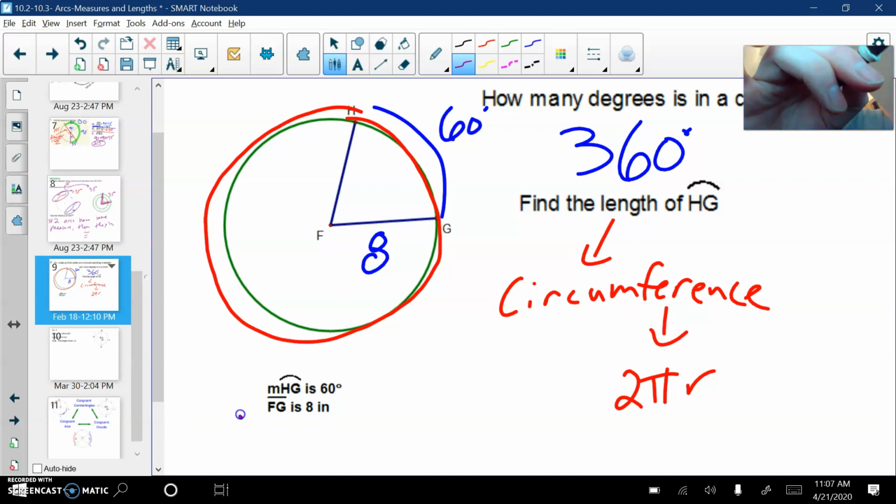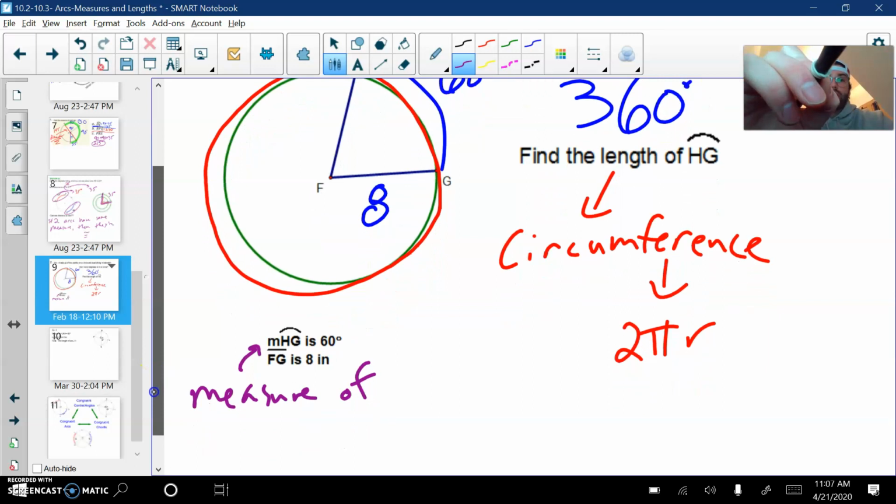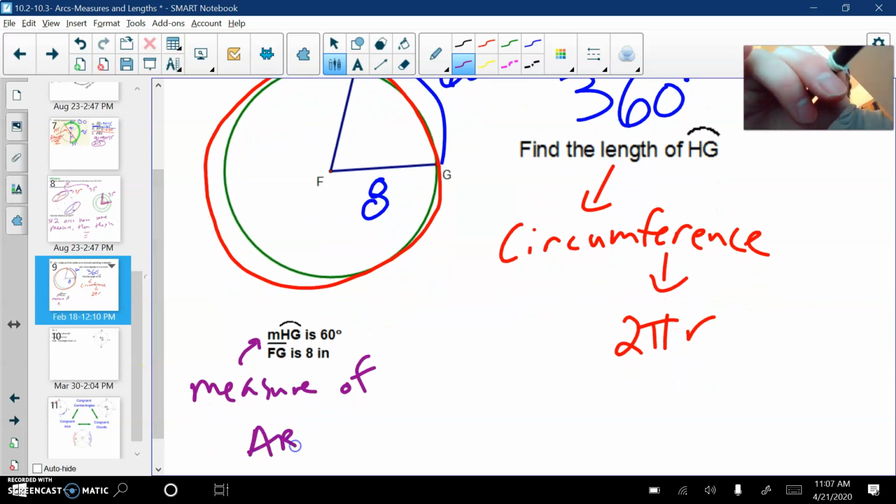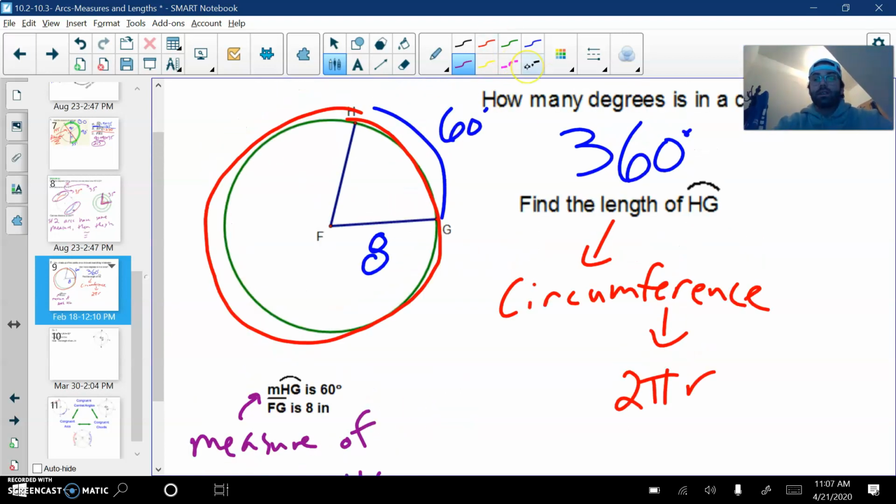This right here, by the way, means the measure of arc HG. If the measure of the arc, remember that little m means measure, is 60 degrees, and there's 360 degrees in an actual circle, I'm going to do the measure of my arc over 360 times the circumference of the whole thing.